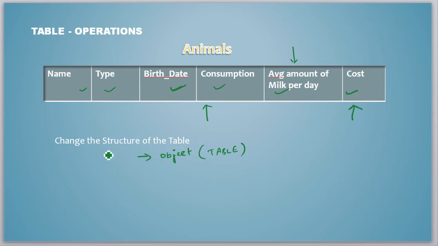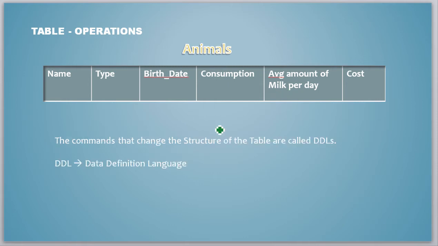The commands that we use to change the structure of a table or the structure of any object are called DDLs. So what's a DDL? Data definition language. Using these commands, we define the objects, we create the object, or we change the structure of the object. So these commands are called data definition language.